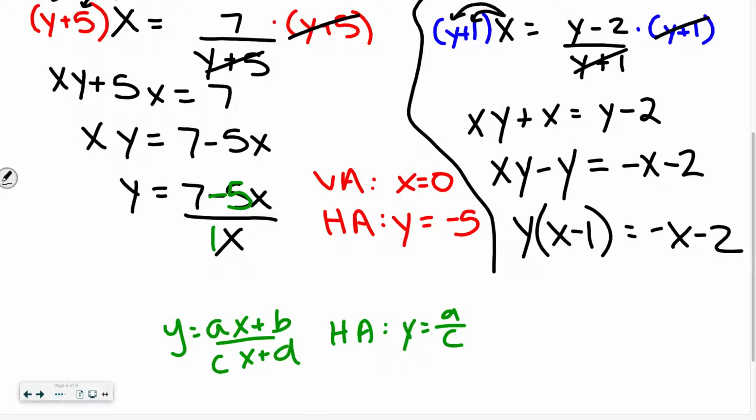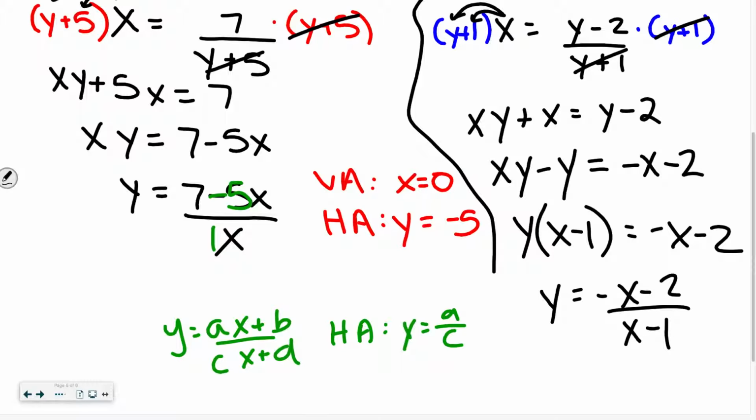So you would do x minus 1 y. It's another way to see the same thing. I like to think about factoring it out. That's how I see it. Factor out the y. And then can you get y all by itself? Fine. Good. y equals negative x minus 2 over x minus 1.